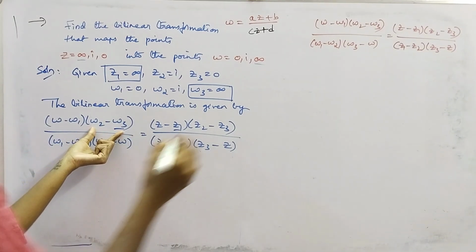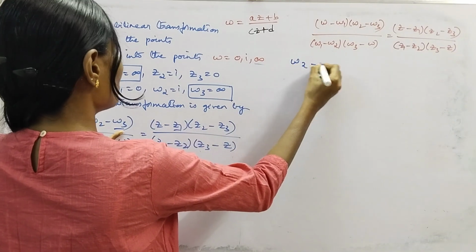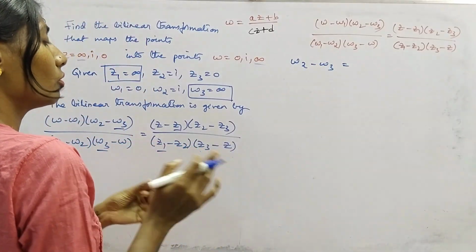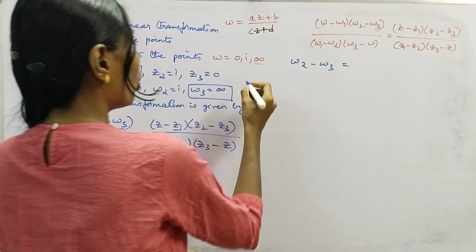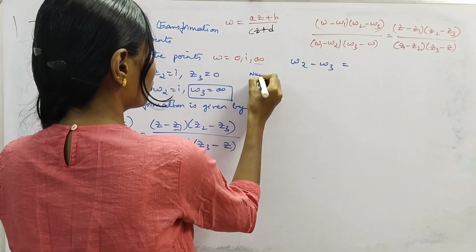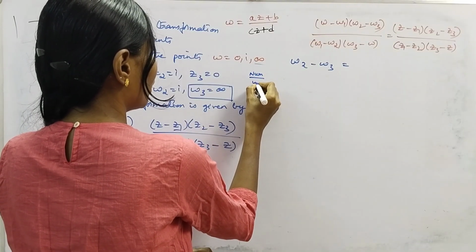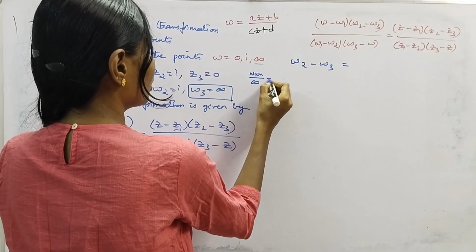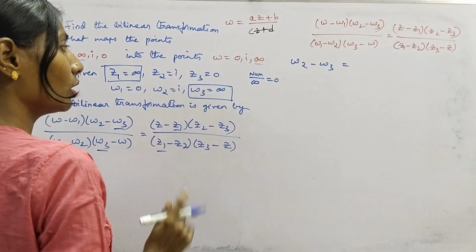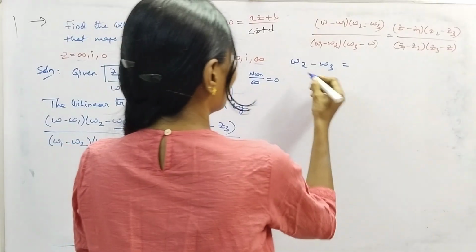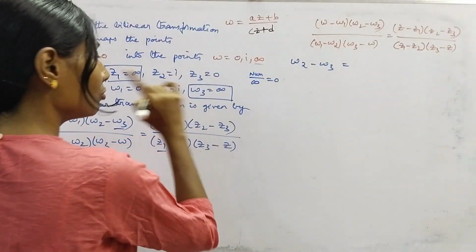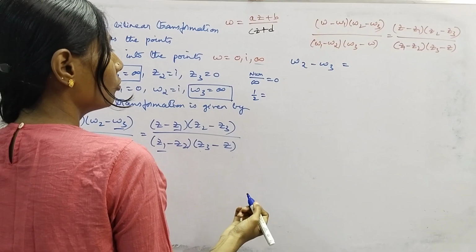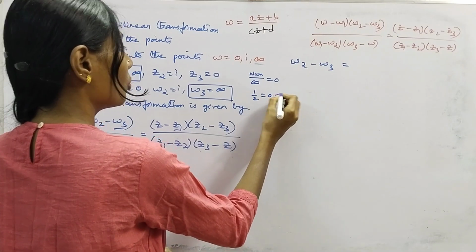Now coming to the first one, I'll show you, okay? Omega 2 minus omega 3. We need to take omega 3 common because omega 3 is infinity, okay? Always a small number by infinity gives 0, okay? Remember this. Small number by infinity is 0. See, the value of 1 by 2 is 0.5, right?